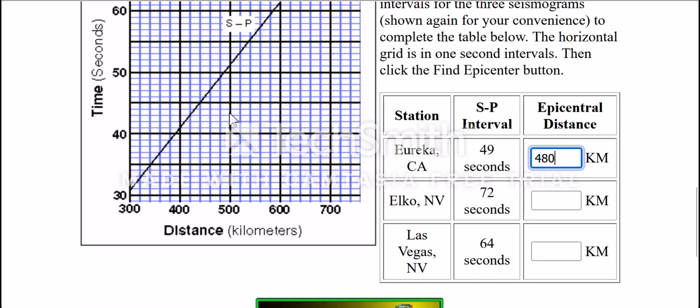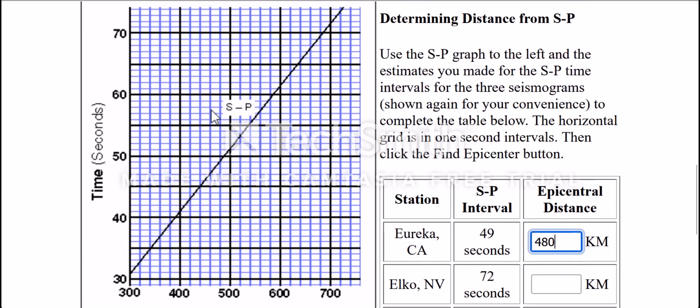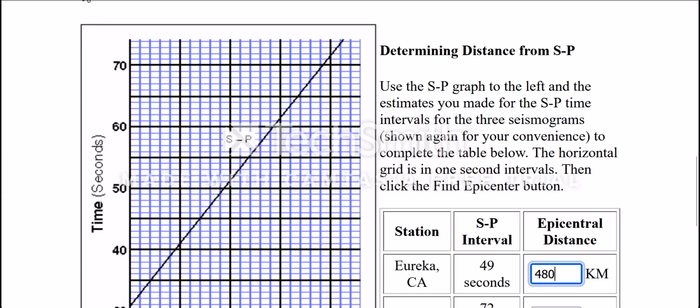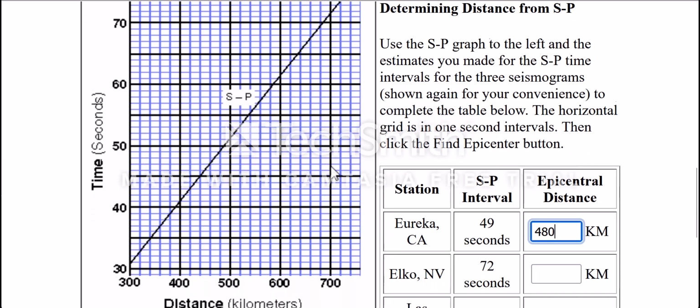Elko, Nevada, the SP interval is 72 seconds. So if I come up here, 72, that's actually the second blue line up, because each of these is 1. So 72 is right there. Let's follow that over, and we end up smack on that big black line there. Awesome. So let's scroll down.